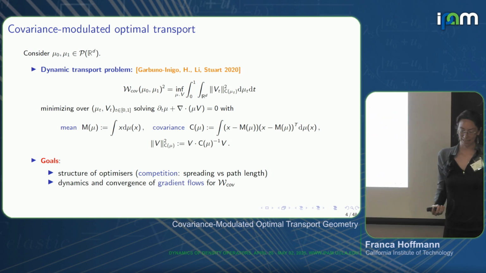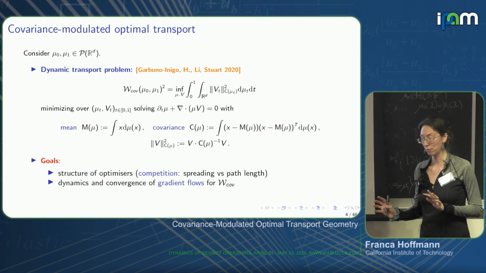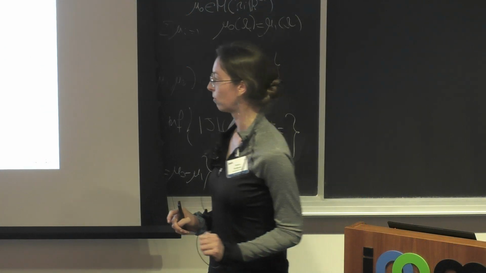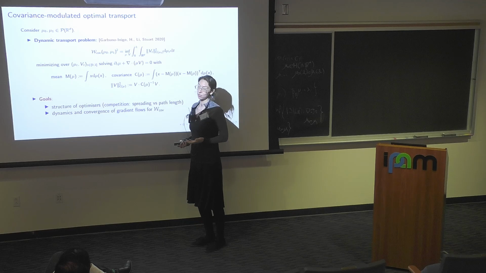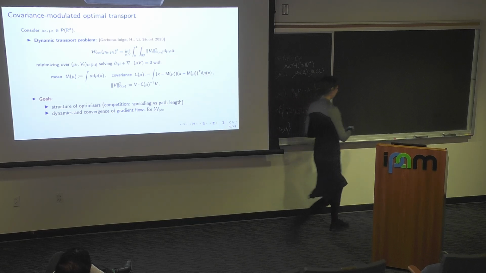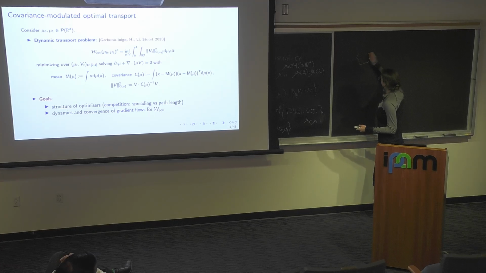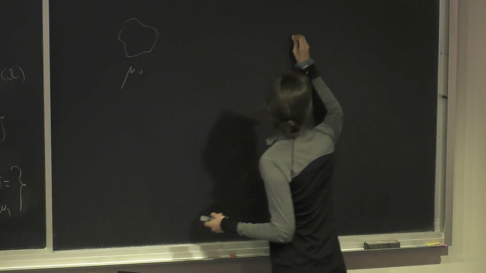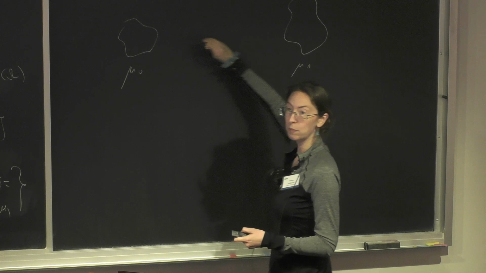And what happens is that this metric behaves quite differently in some ways from what you're used to with the Wasserstein 2 metric. For one, there's a competition effect that shows up. For this, maybe just to draw a little picture. Let's say that I have my mu0 here, and I have my mu1, and then I transport in between, right?